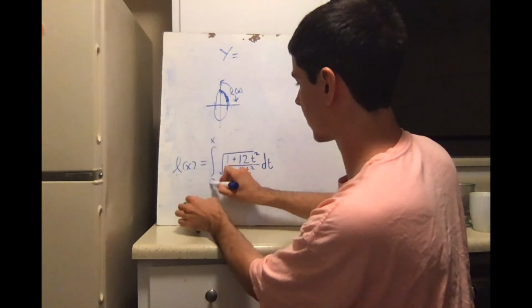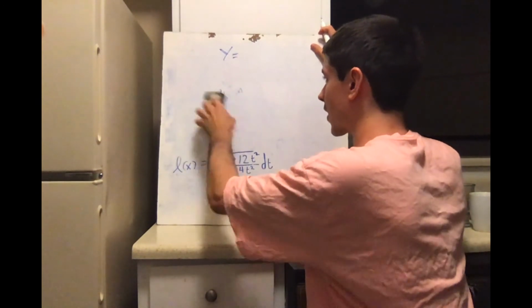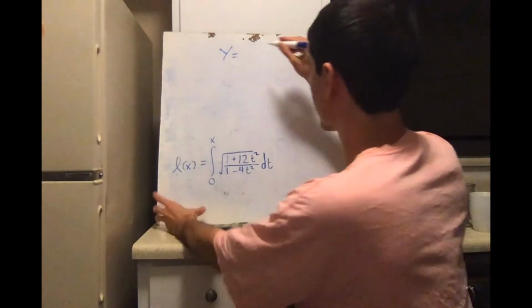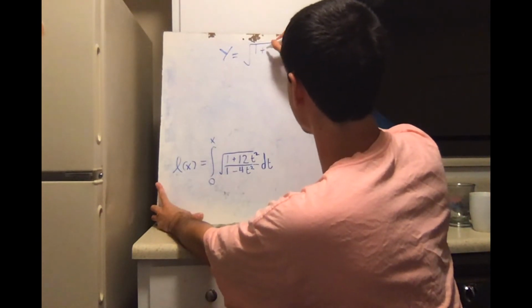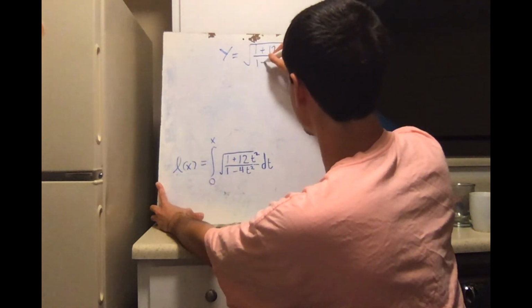Okay, so going back to changing this over to an area under a curve: it's the area under the curve y equals (1 plus 12x squared) over (1 minus 4x squared).